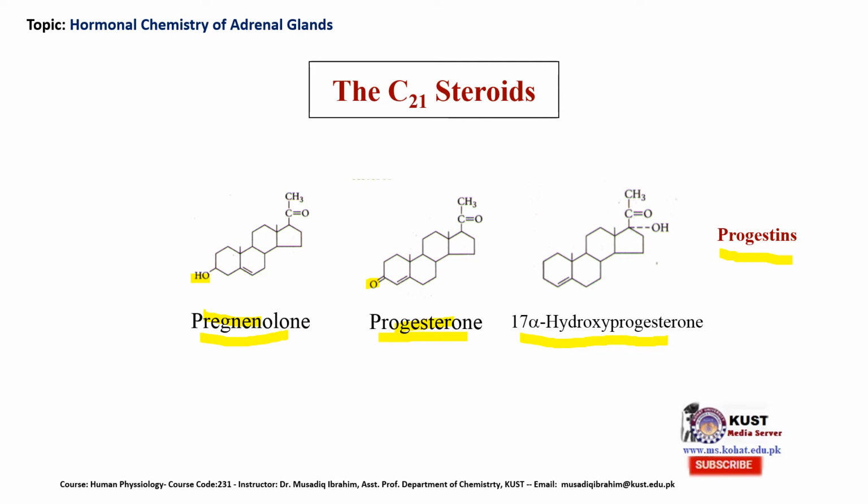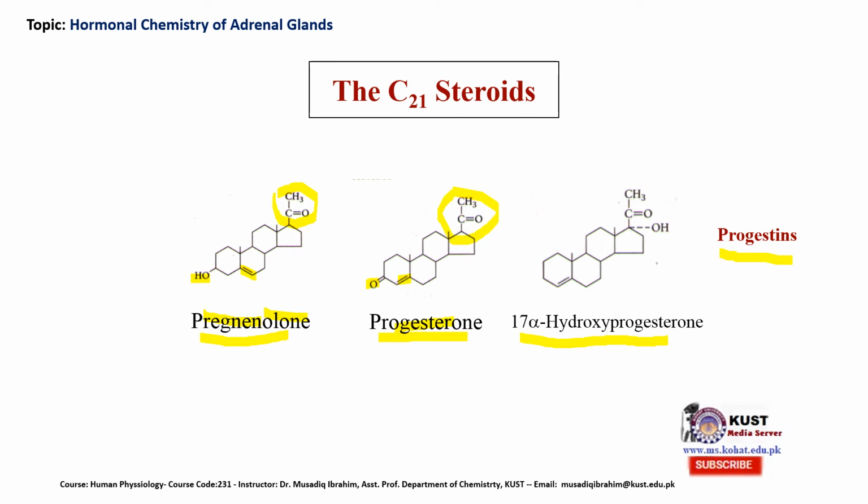Then progesterone has a double bond at positions 4 and 5, while pregnenolone has a double bond at positions 5 and 6. And here the functional groups are the same in pregnenolone and progesterone.